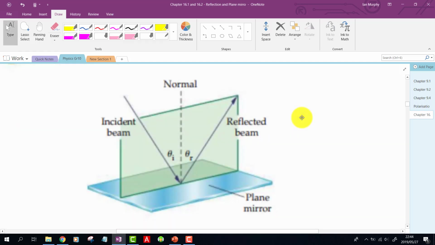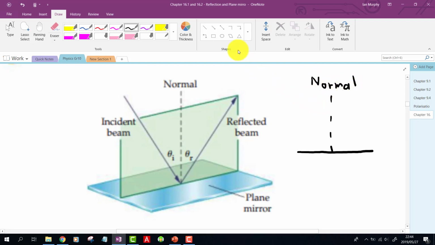In this diagram we can see we have a light going toward the mirror on the left, and we have an angle between something called the normal and the plane. We'll say that this is our surface. We could also draw this at a slightly different angle. This dotted line would be our normal.